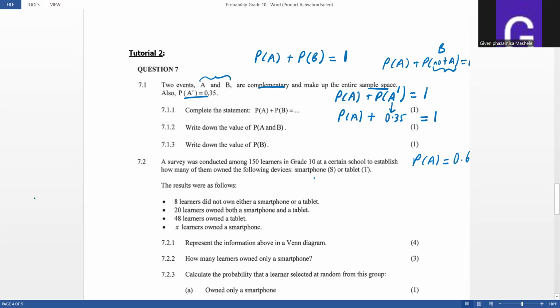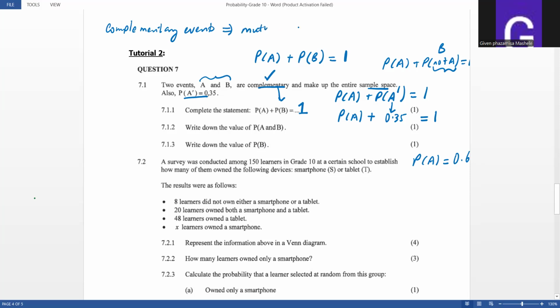The question says, complete the statement. The probability of A and B is equal to 1. Why? Because they already told us that they are complementary. If A plus B equals 1, it's complementary. Events that are complementary are always mutually exclusive.